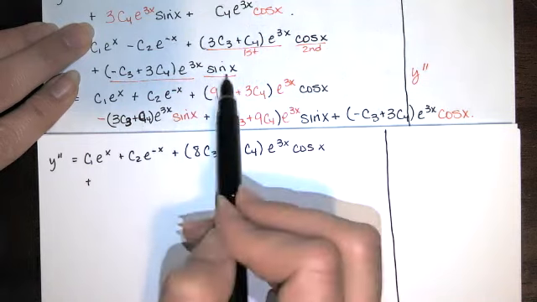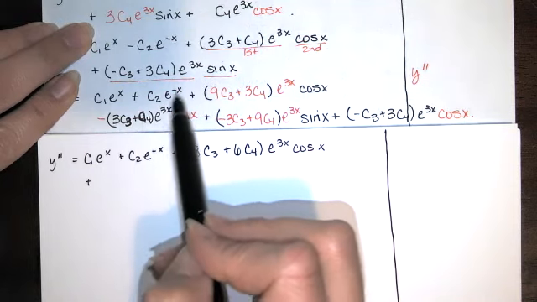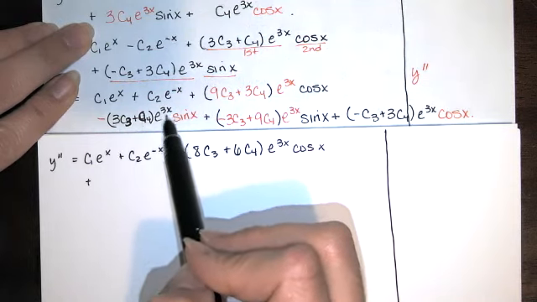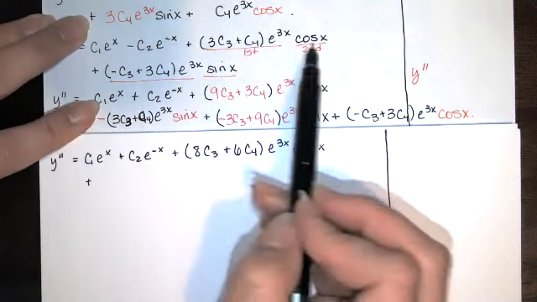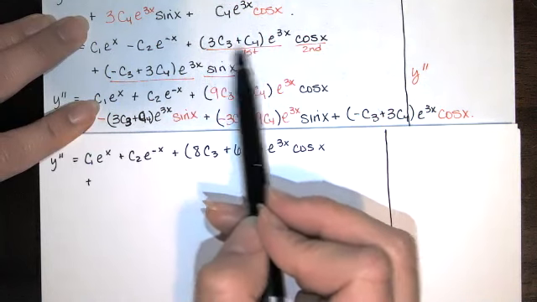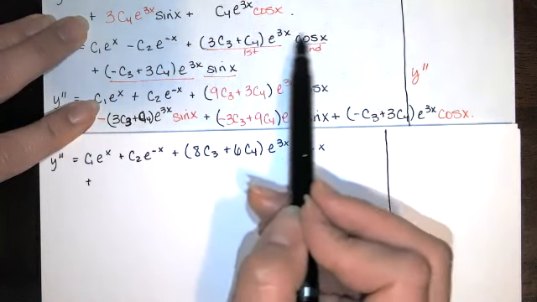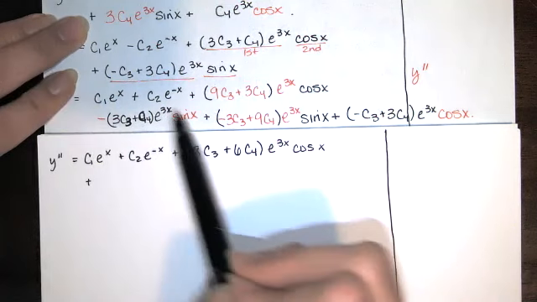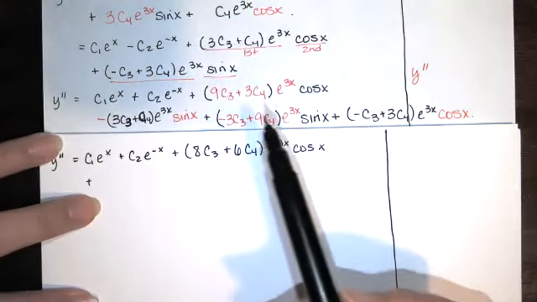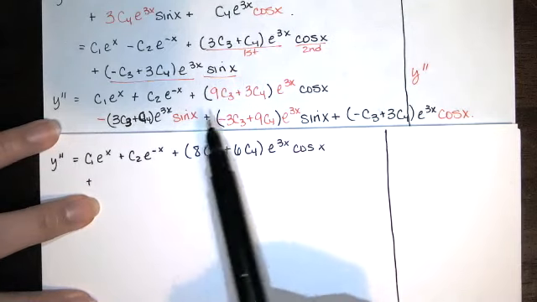This is supposed to be the first times the derivative of the second. So there's my first function, and the derivative of cosine is the negative sine of x. Okay, just making sure. Sorry about that, a little aside.